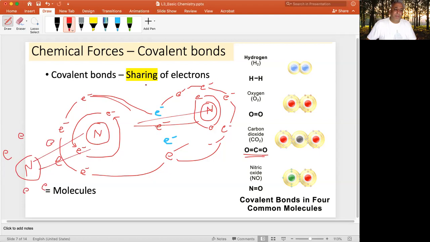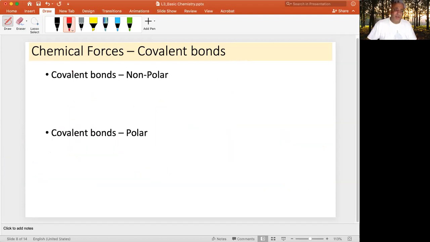So covalent bonds, they share electrons. Now, just to confuse your life a bit further, there's 2 types of covalent bonds. Yes, those that are non-polar, that means their surface has no charge difference from one end of the molecule to the other. So let's put that together. So here's a carbon, and here's another carbon, and their shared electrons will be halfway between the 2, right?